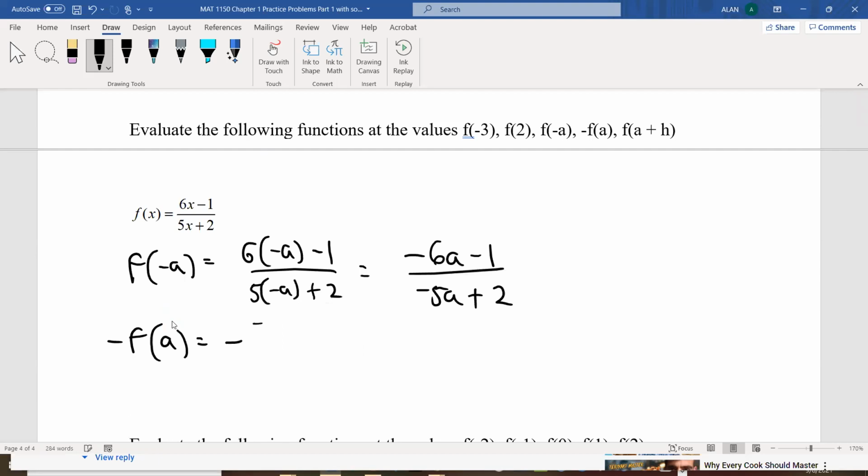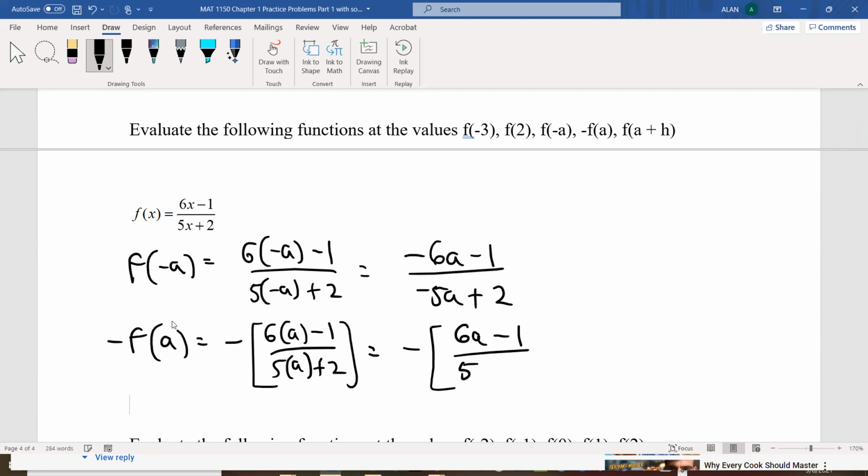So now here again, negative. Now we're going to do f of a. Now let's evaluate the whole thing inside the brackets before we apply this negative. Otherwise, you're bound to make mistakes. All right, so you have to be really careful with this.